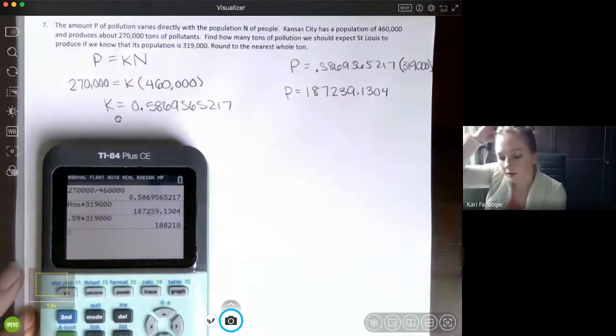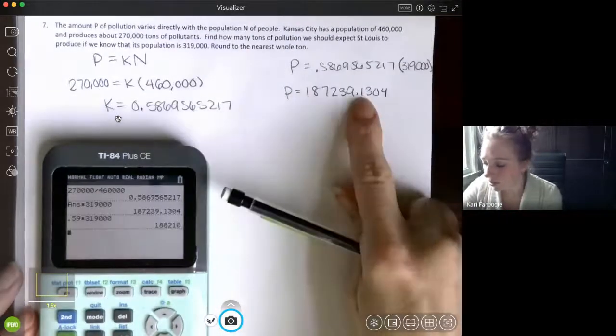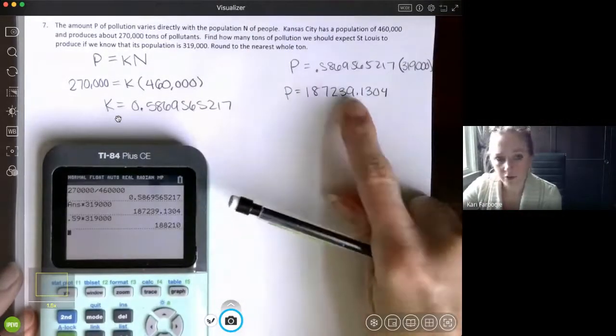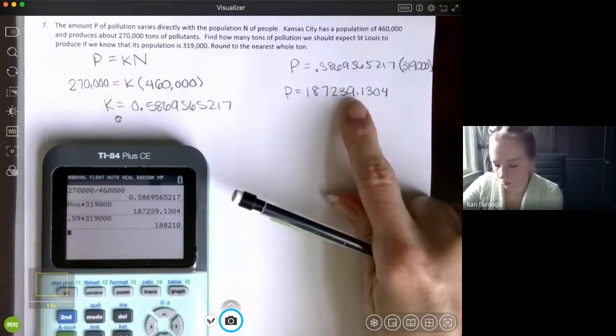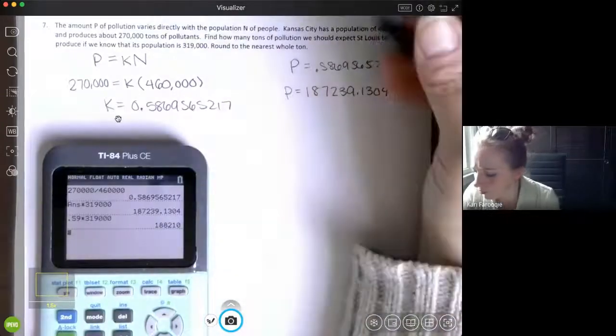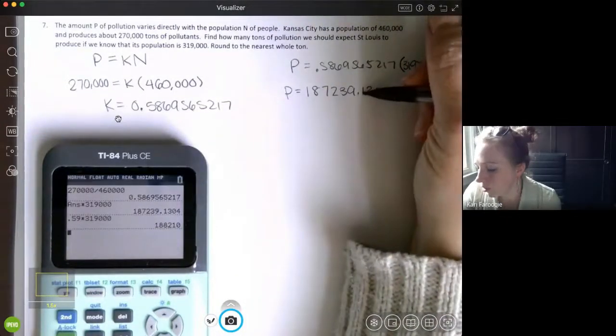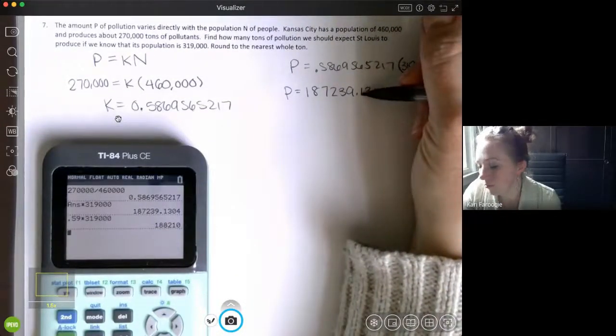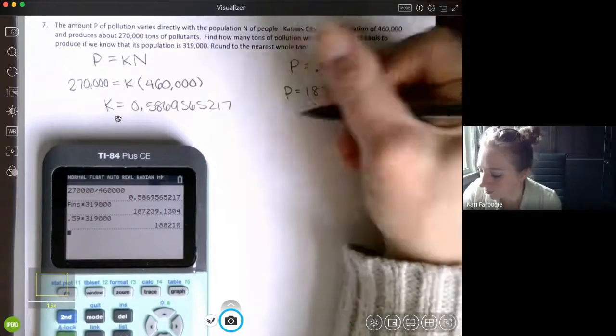187,239.1304. And if we're rounding to the nearest whole ton, I guess we're just going to truncate this last part, just because 1 is less than 5.